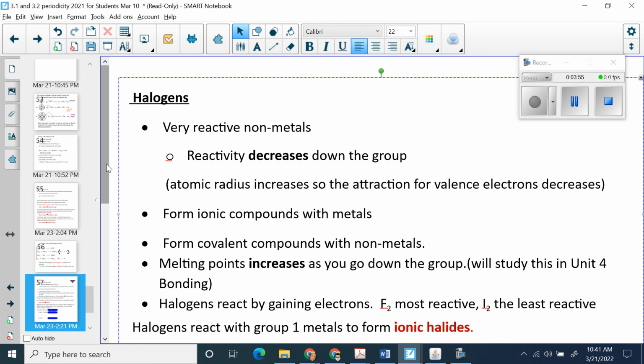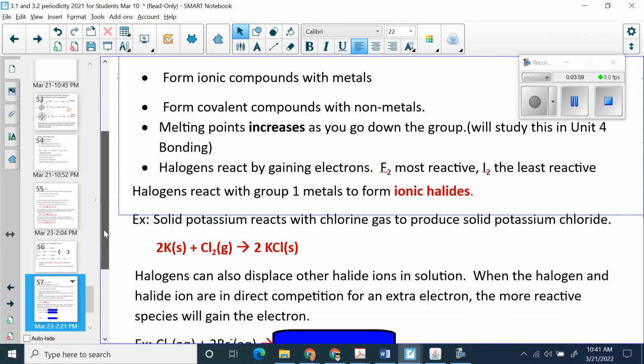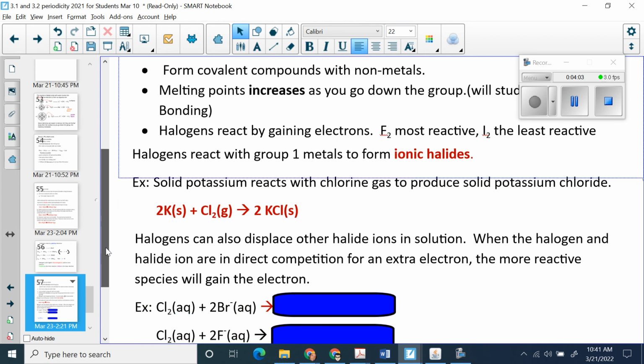Okay, there's a few examples. Solid potassium would react with chlorine gas to form solid potassium chloride. That'd be a very violent reaction as they're both super reactive.